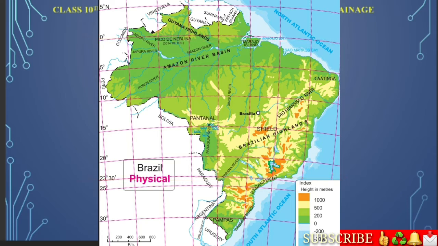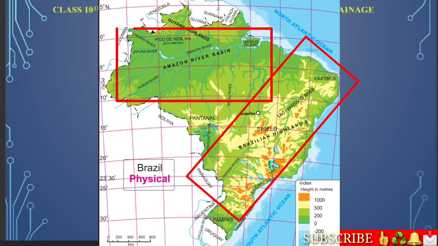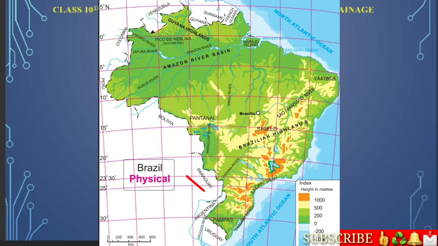Okay, students, here in this map, clearly we can see that most of the region is occupied by the Amazon River Basin and Brazilian Highland, as well as the Guyana Highlands. Here we can see in the north of Brazil, the Amazon River Basin as well as Guyana Highlands are there.